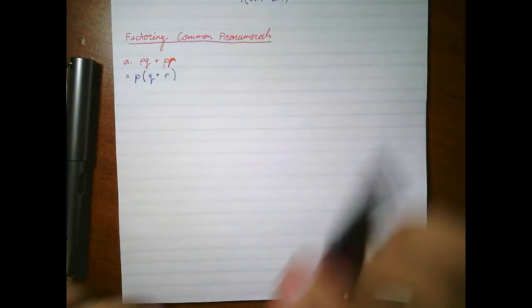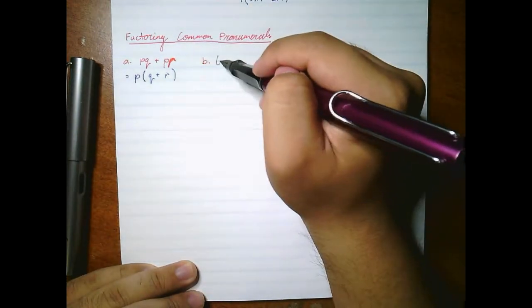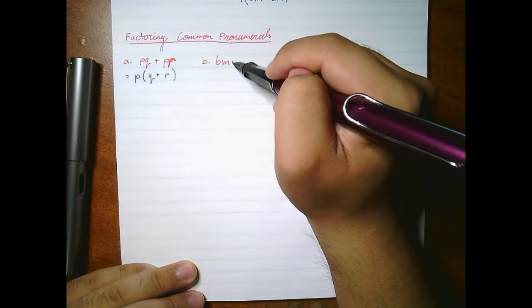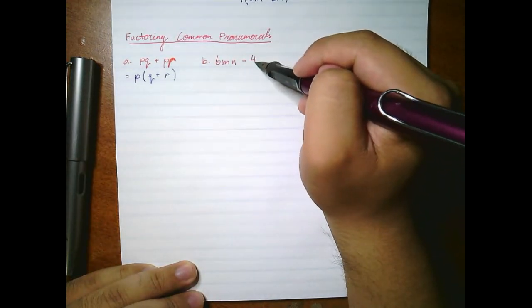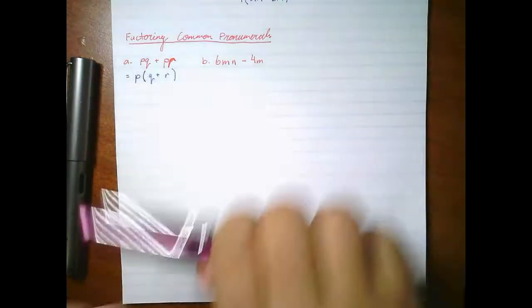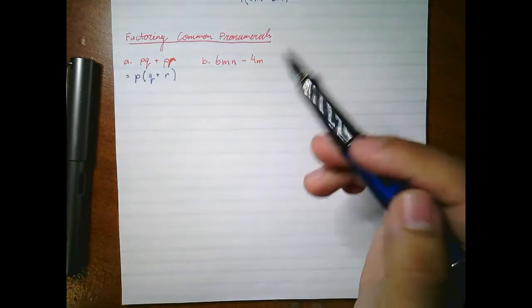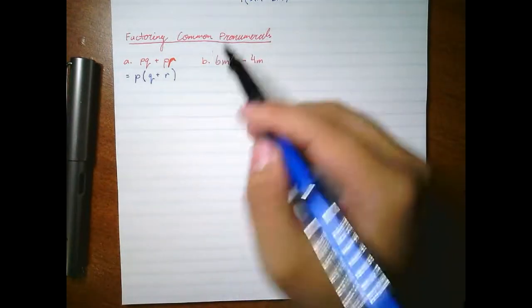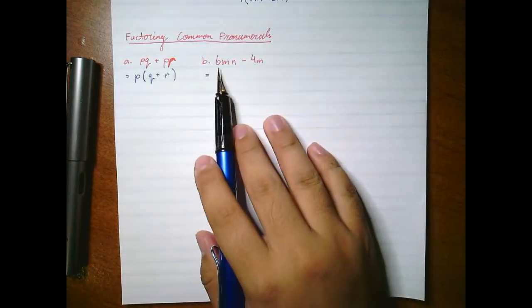Okay, so now let's take a look at the next example. Example B is going to be 6mn minus 4m. On this one, we're going to actually combine both the thing that we learned in the previous video in factoring numbers.